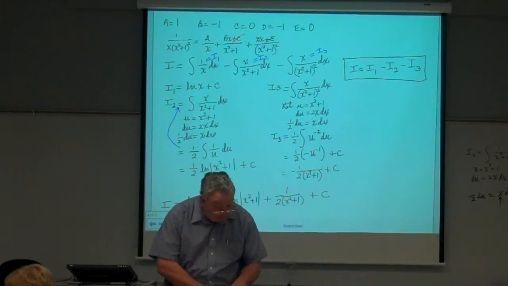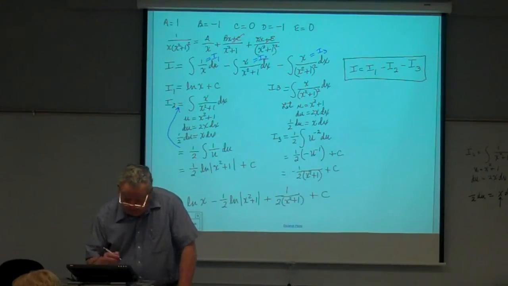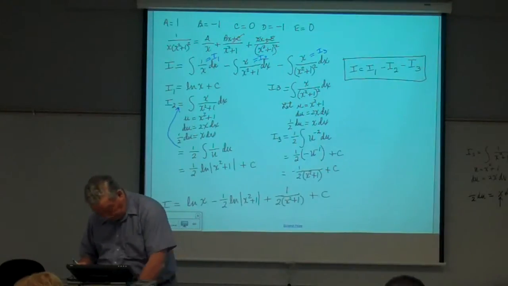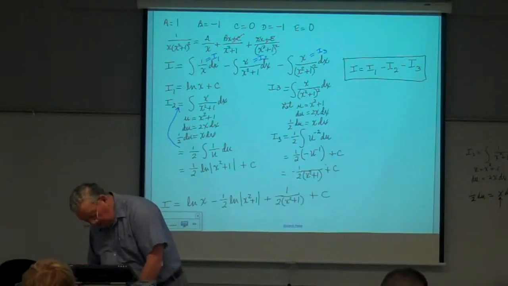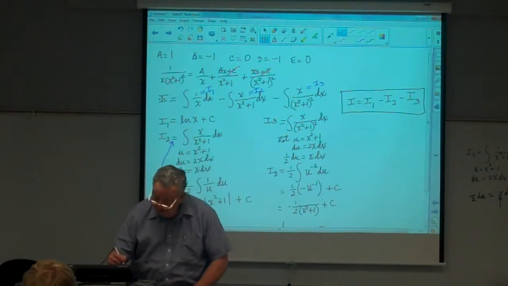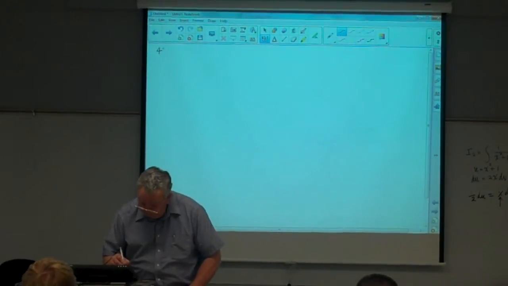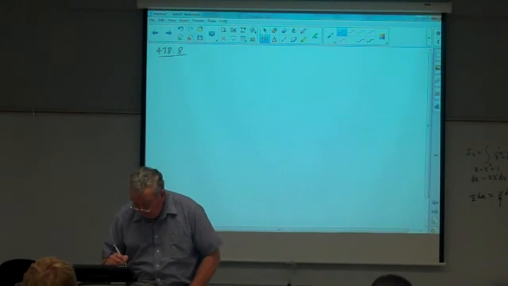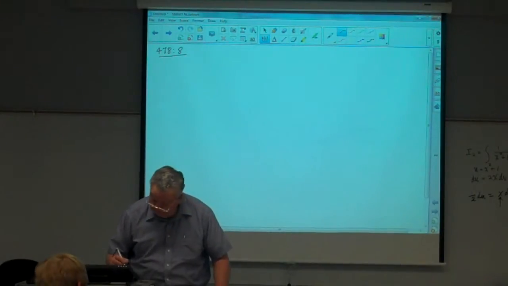I'll do 8. This is example 8 on 478. In the book, they took that answer a step further, but where we left it was good. Fine with me. This is example 8, easy little old problem.